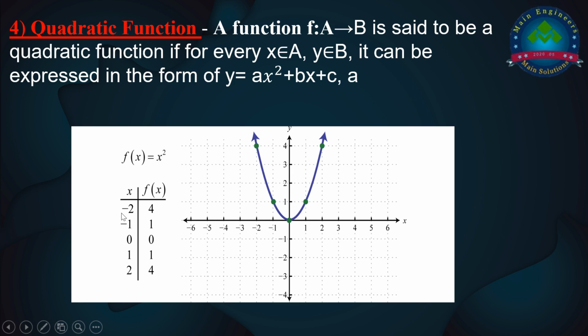Let's plot (−2, 4). Then (−1, 1), then (0, 0), then (1, 1), and then (2, 4). So this is the quadratic equation graph.